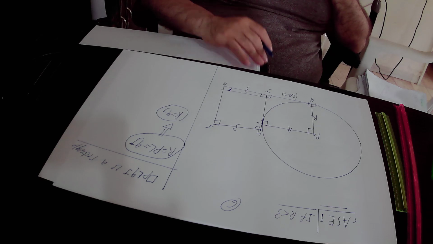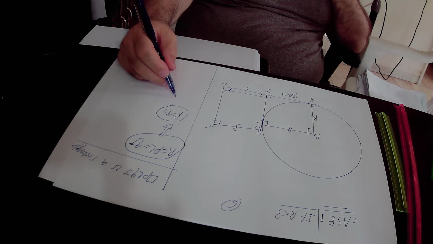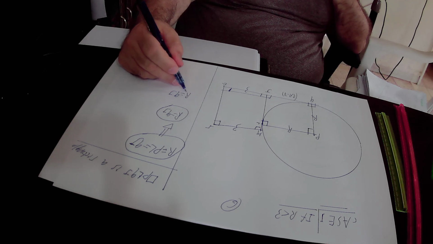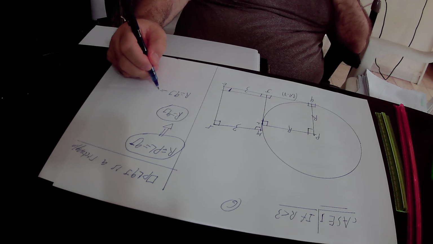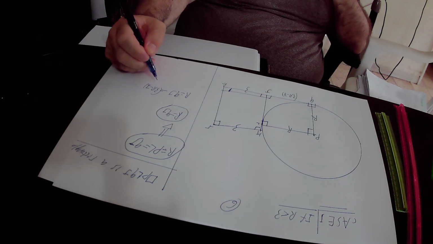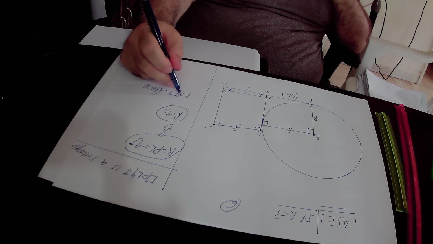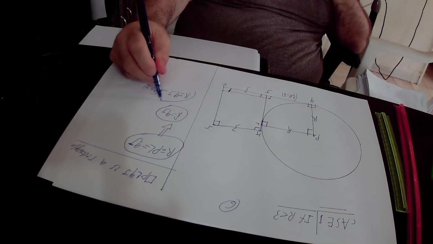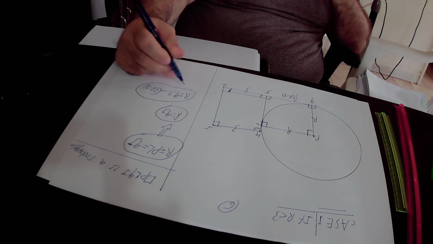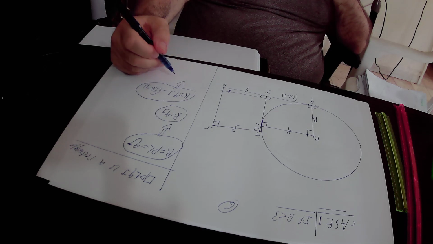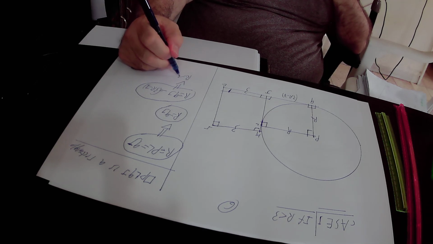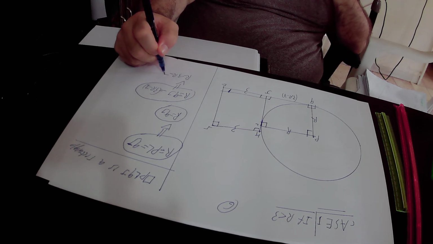So QJ on one side is equal to R, and on the other side it is equal to 3R minus 7. So from this equation, R equals QJ equals 3R minus 7, we derive that R equals 3R minus 7.